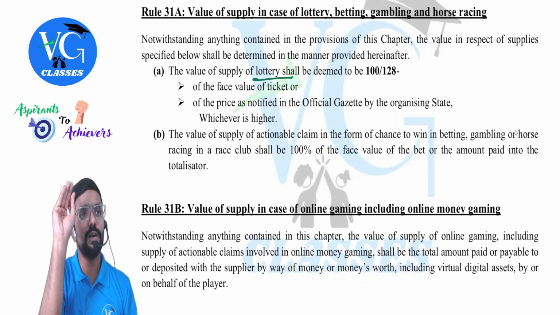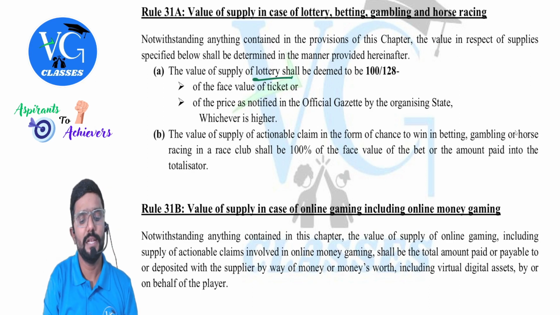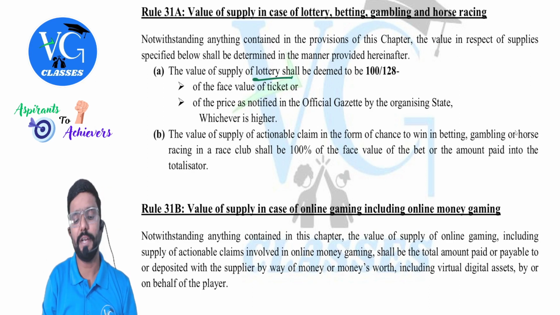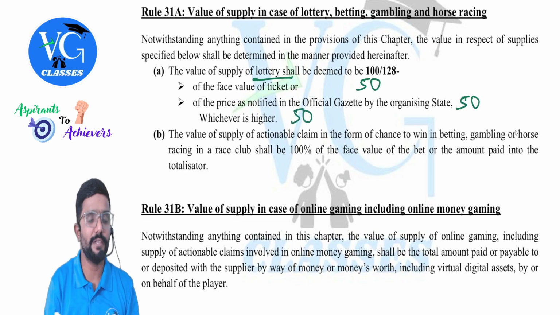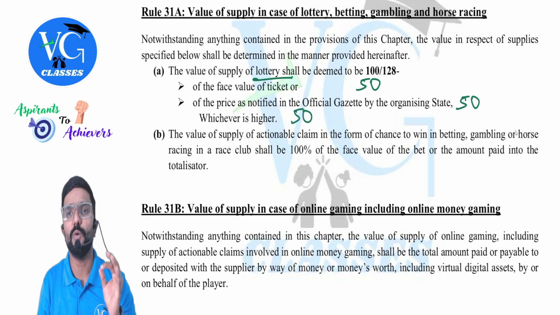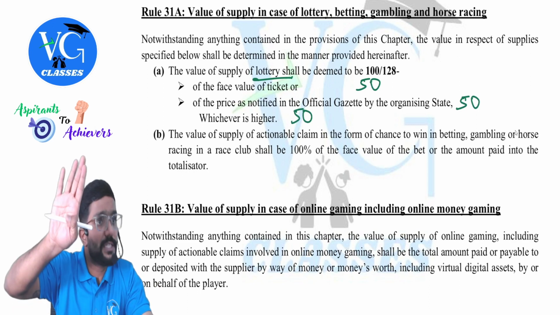Guys, you know, for every lottery there will be a face value, 10 rupees, 100 rupees, 50 rupees, like that. Let us assume the face value of the lottery ticket is 50 rupees and the price notified by the government also is 50. Whichever is higher, I will take it as 50. Now this is the face value, or the value of the lottery ticket. It already includes GST.